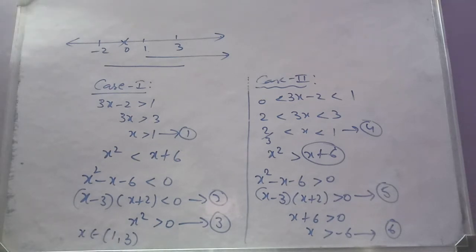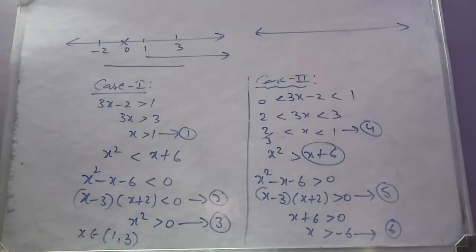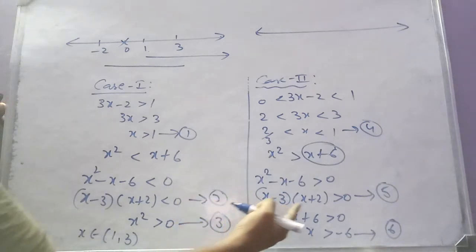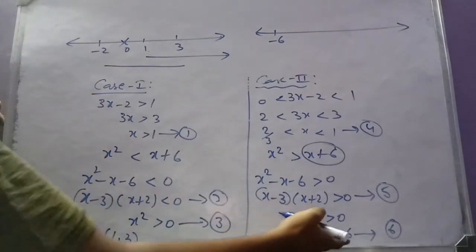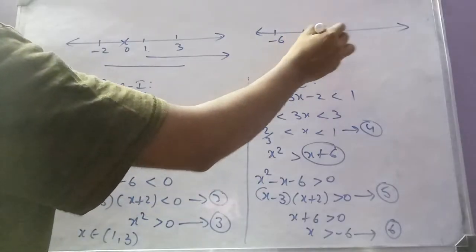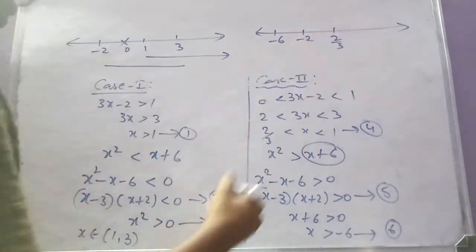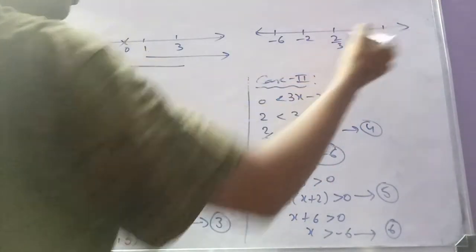Now let us go to the second case. What is the solution set of the second case? So 2/3, 1, and then minus 2, and then 3, and then minus 6. Look at all these numbers. So minus 6, and then minus 2, and then 2/3, and after that 1, and after that 3.